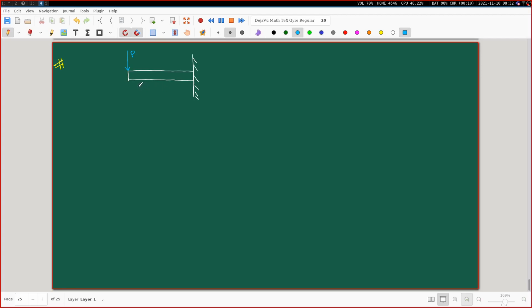Can we use the energy methods to do that? Of course we can. All that I have to do is apply a fictitious force Q at some distance, with the intention that ultimately I will set this Q equal to 0.